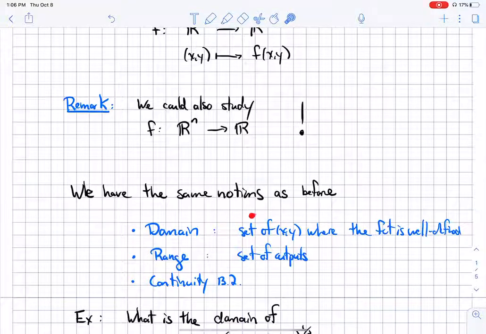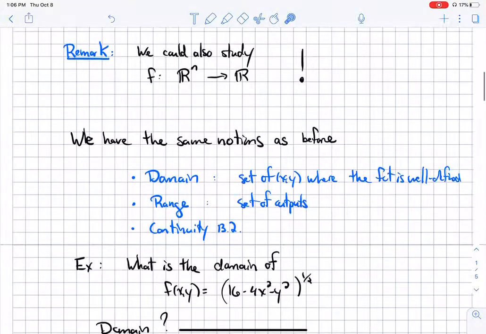The domain is the set of inputs. In our case, the input has two real numbers where the function is well defined. And the range is the set of all outputs you get from all the inputs in the domain.